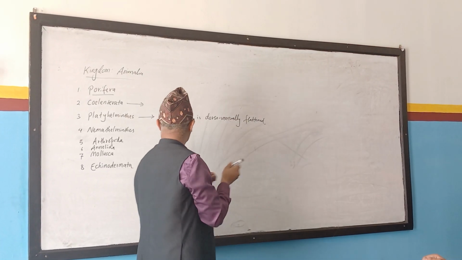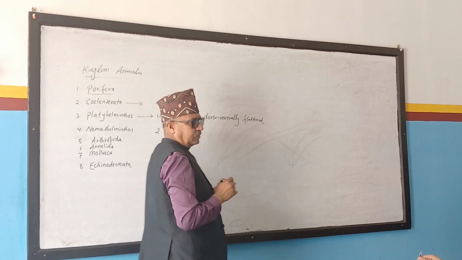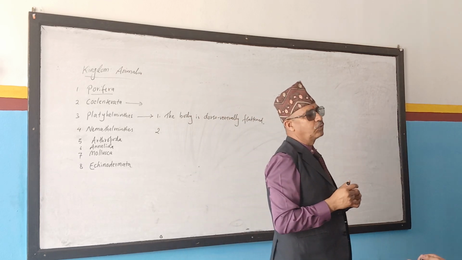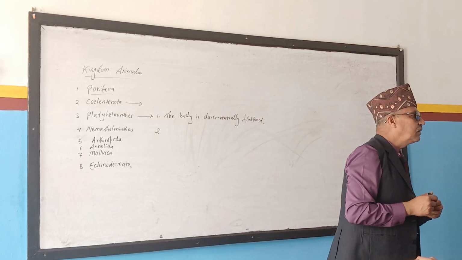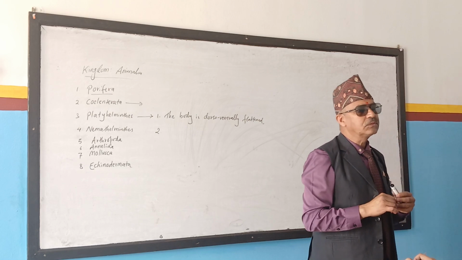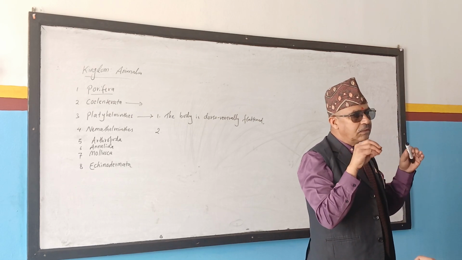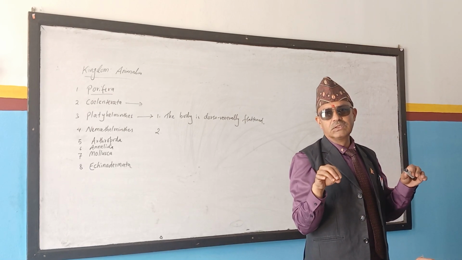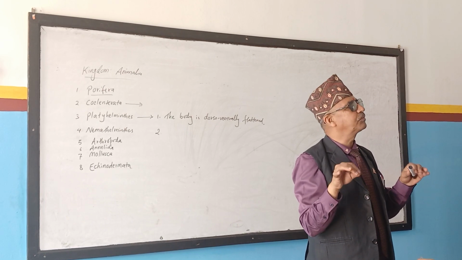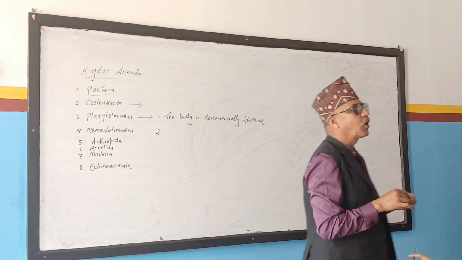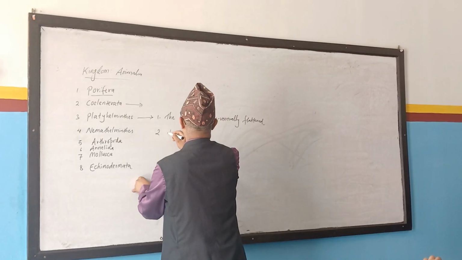Next important characteristic is these organisms are bisexual. These animals are bisexual means in their body there is a male organ as well as a female organ. See? So they are hermaphrodite.